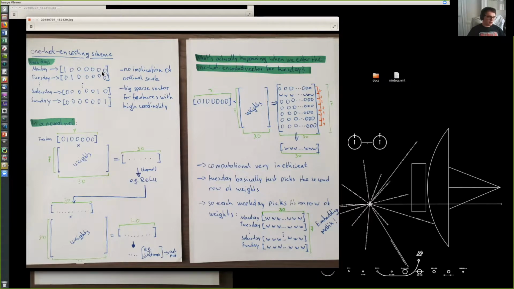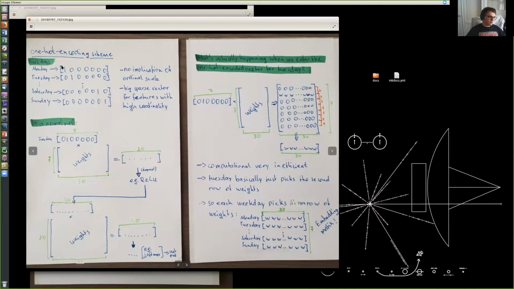So when you do this one-hot encoding, you don't have this ordinal scale, because a neural network naturally would take this into account, and you don't want that. It's more clear when you have something like names or movies you watched, for example, where there is no scale in this kind of variable.